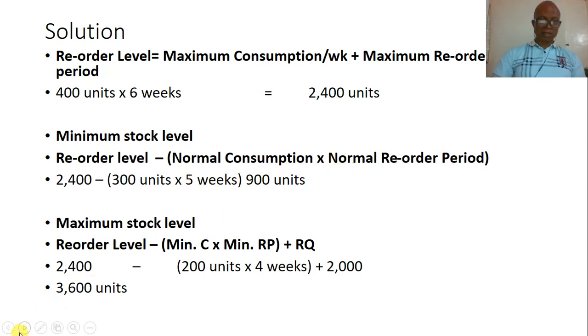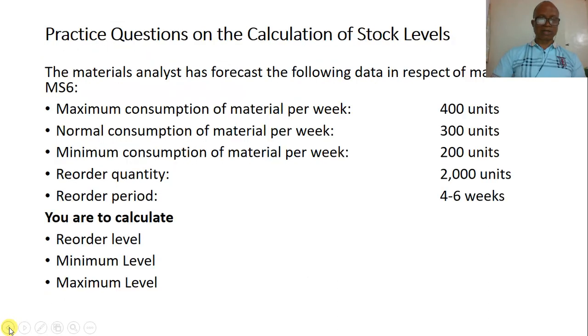Let's go back to what we have here: maximum, normal and minimum. So normal is 300, minimum is 200, maximum is 400. We have been able to initially calculate our reorder level by multiplying the maximum consumption by the maximum reorder period.